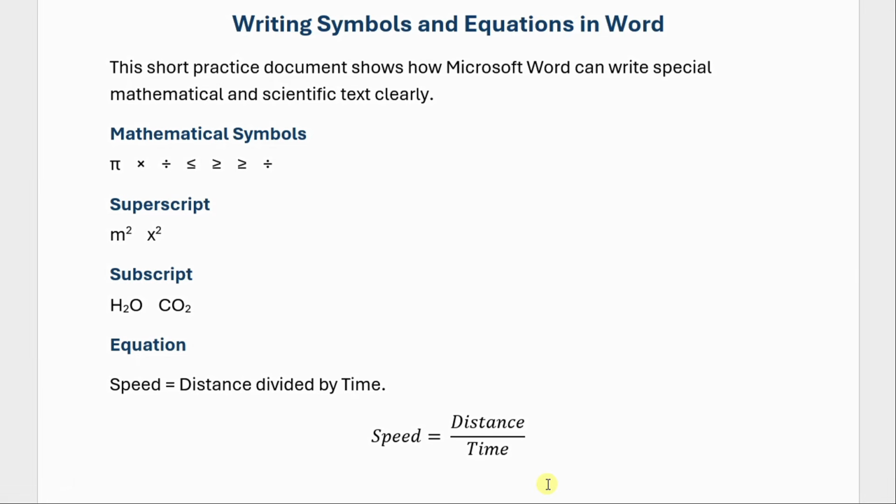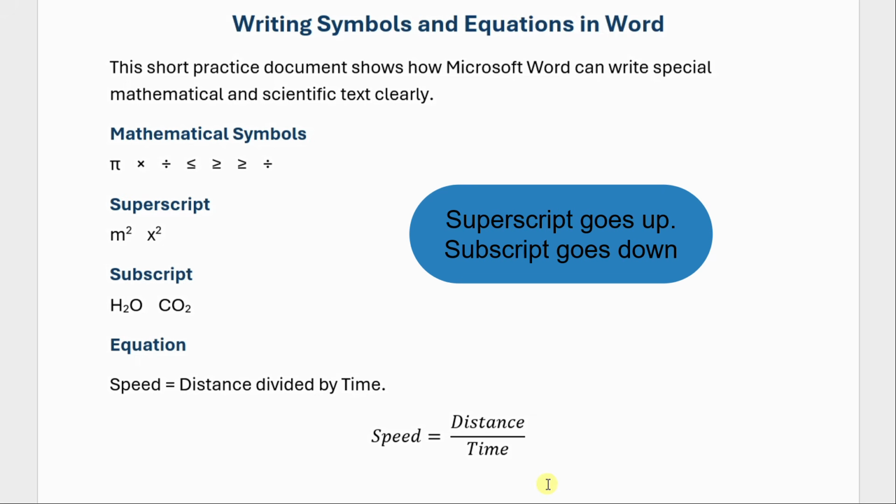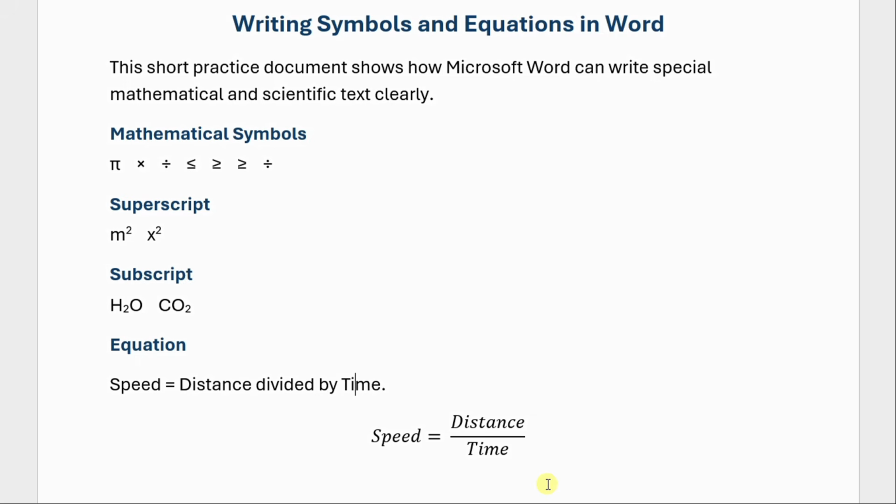Remember, symbols help us write special meaning quickly. Superscript goes up, subscript goes down. And equations help us express relationships clearly.